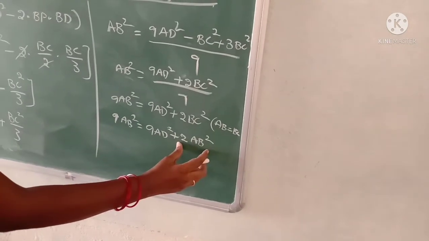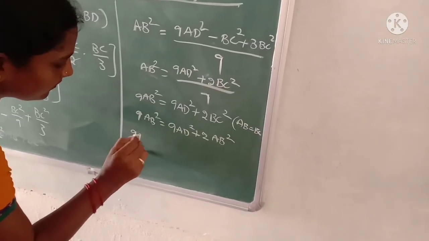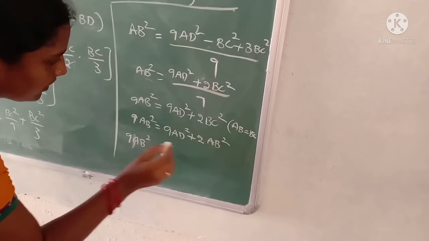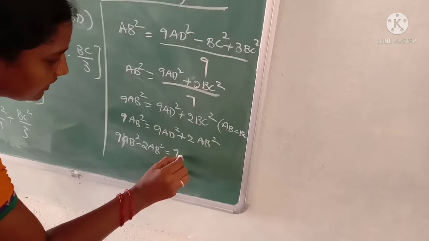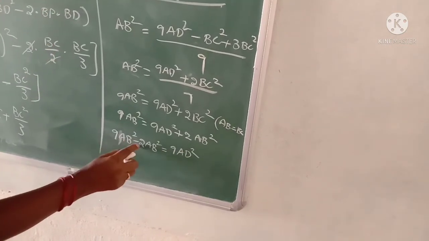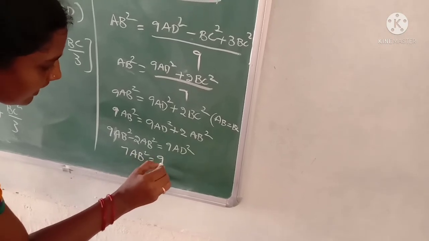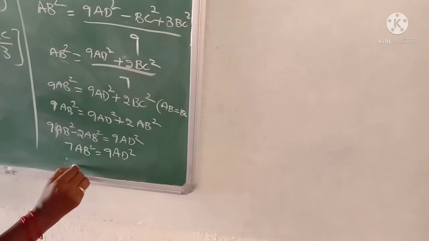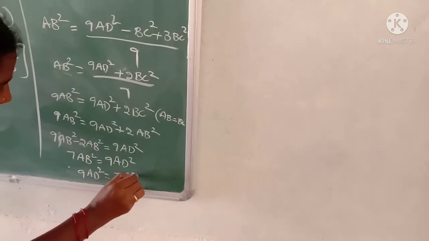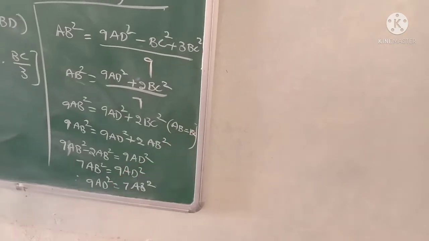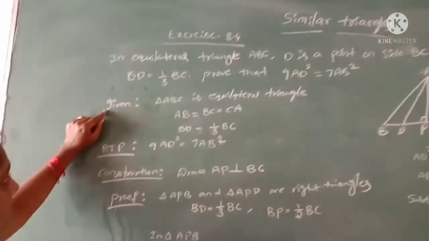Plus 2 AB square, move to left side, minus 2 AB square equal to 9 AD square. So 9 minus 2, 7. 7 AB square equal to 9 AD square. Therefore 9 AD square equal to 7 AB square. Hence proved.